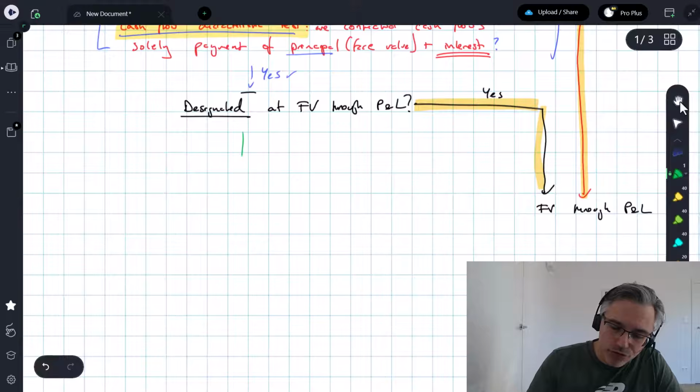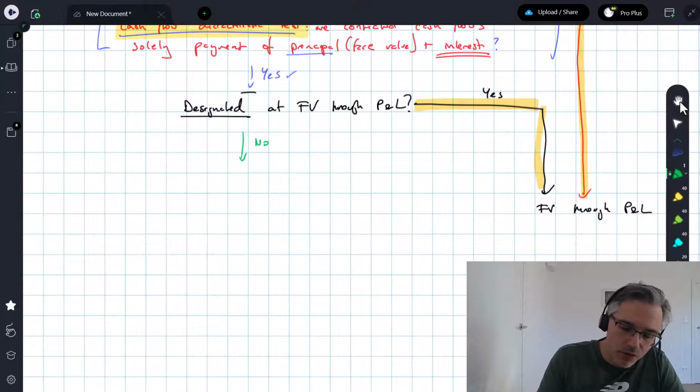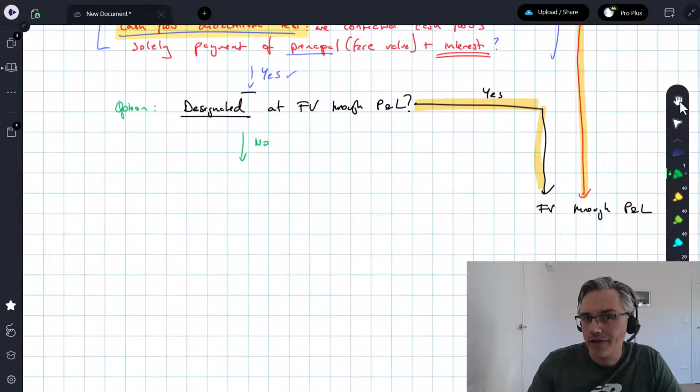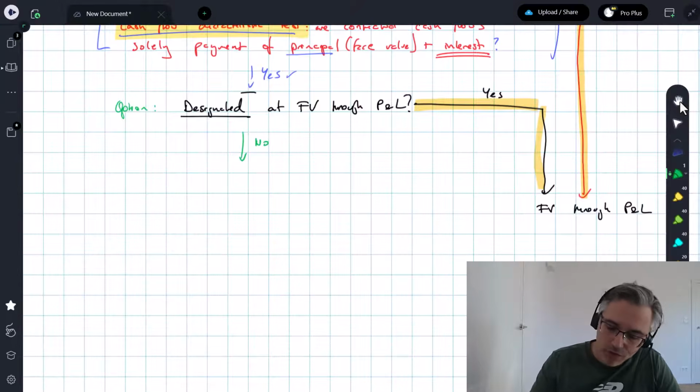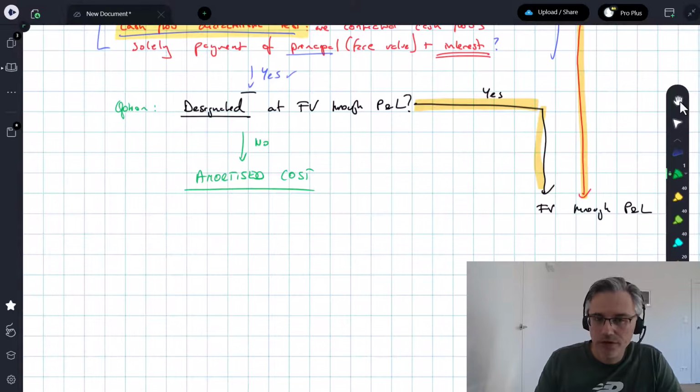However, if you choose not to use this option, so this is optional, right, to designate the instrument at fair value through profit and loss, if not, we move down to an ending note which says, okay, then account for it at amortized cost.